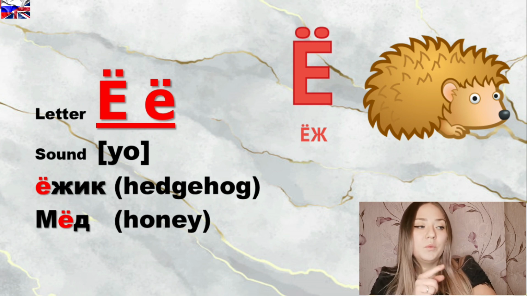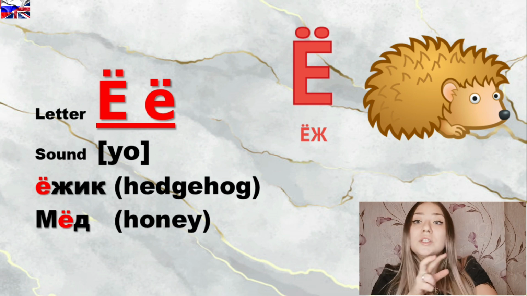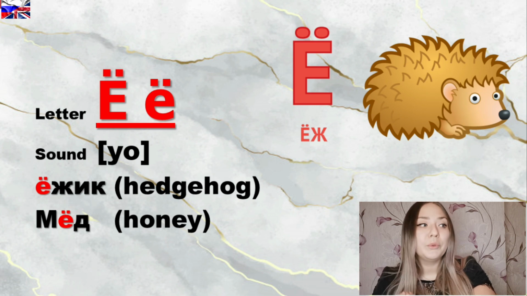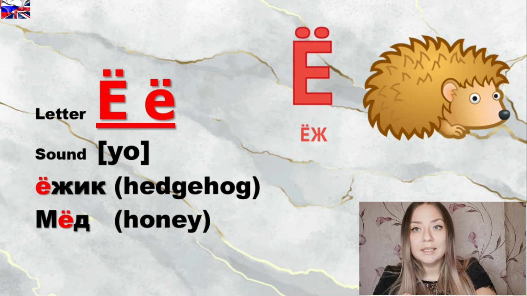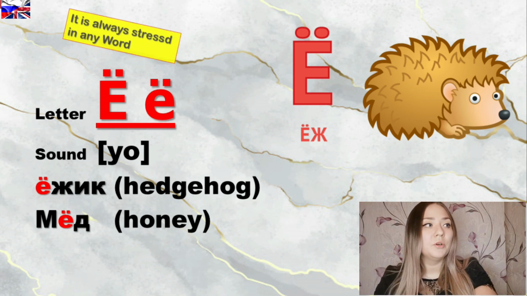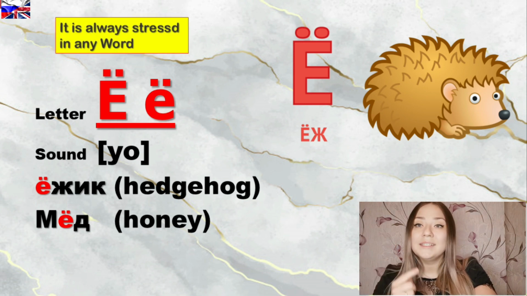So you see, we put this letter between 2 consonants. And it's very important to say that this letter is always stressed in any word in Russian. So you always have to stress this letter.